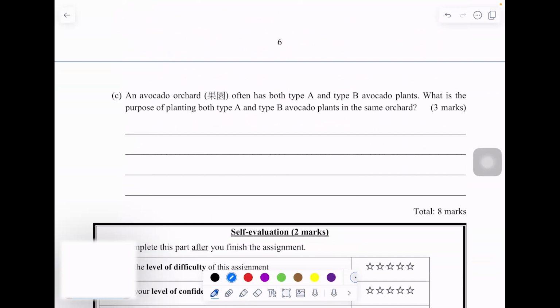So in this case, by planting both types of plant, it can increase the chance of cross-pollination.